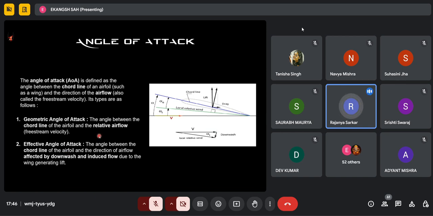The new orientation of the mean chord of the airfoil is termed as the zero lift line, and the effective angle of attack is measured from this zero lift line instead of the relative velocity of wind, right? So in layman terms, the effective angle of attack refers to the angle made by the chord line with respect to the zero lift line, right? Moving onward.